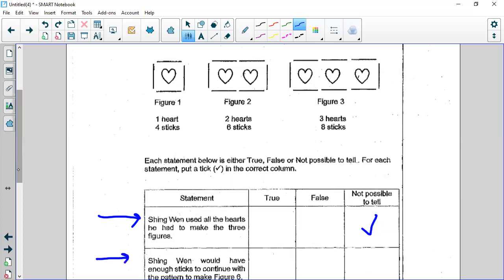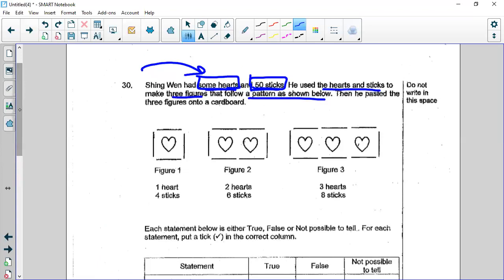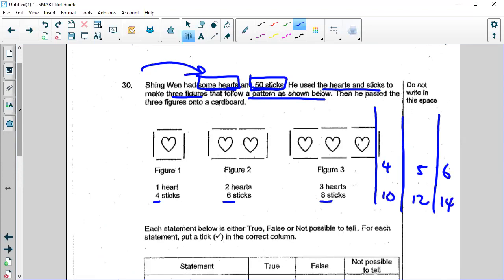Okay, then how about the last one? Shiwen will have enough sticks to continue with the pattern to make figure 6. Okay, figure 6. So what do you do? Now, it's simple, okay? You just have to continue, I mean, don't have to draw lah. Figure 4, figure 5, figure 6. So figure 4, how many sticks? Very easy. Figure 1, 4, then 6, 8, then here must be 10, 12, and 14. Okay?